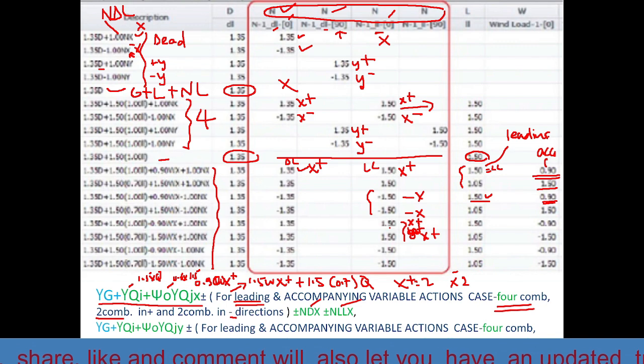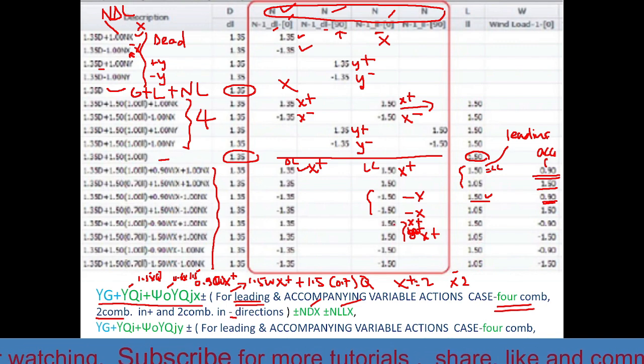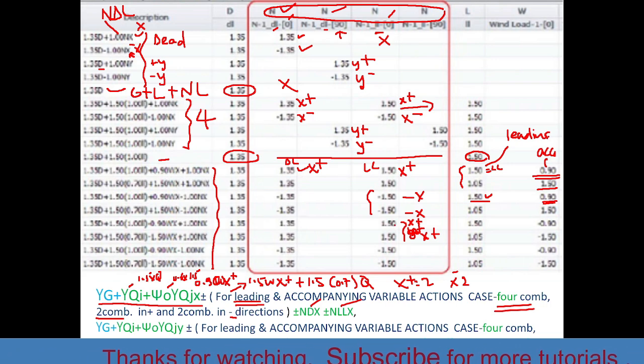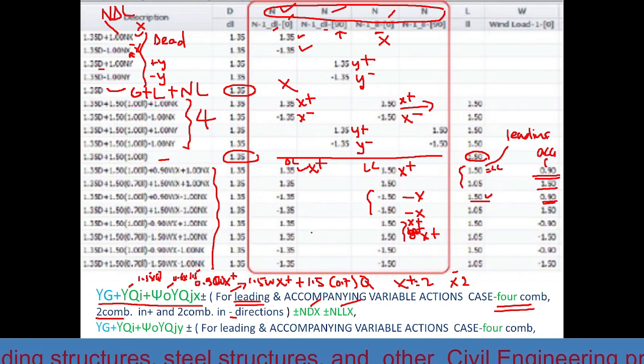So in this case, the notional load for the live load here, this is the notional load for live in x positive direction.